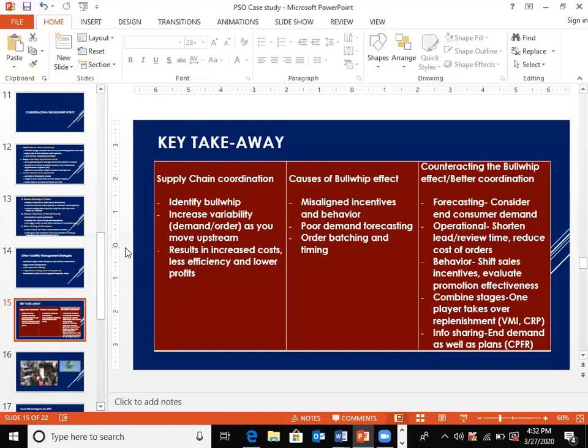Next up, I will be going through the PSO case study, in which you actually see the bullwhip effect playing out. You see how in real life companies deal with the bullwhip effect, and all the various aspects that need to be considered by companies to avoid the bullwhip effect going forward.